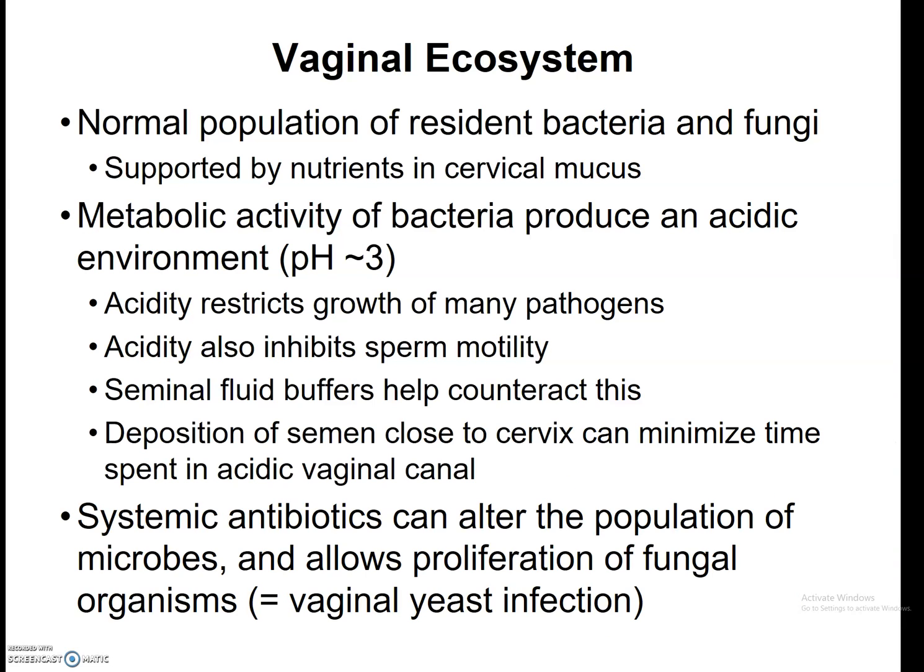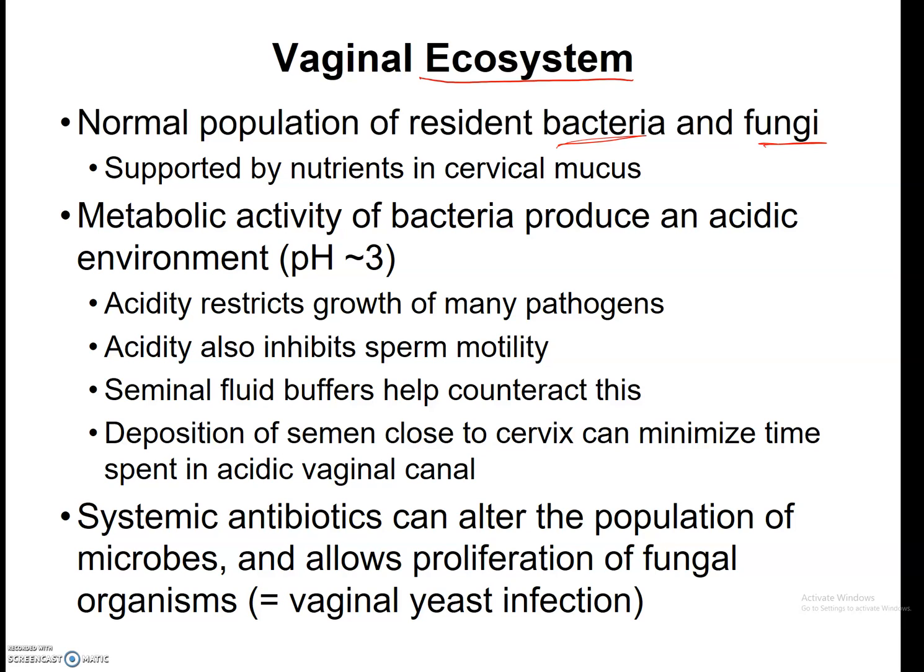So, what lives in the vagina? There is an ecosystem in there, believe it or not, and there's a population of resident bacteria and fungi that is supported by cervical mucus. These organisms are given nutrients by the cervical mucus, and basically, what's the point of the fungi and the bacteria there?